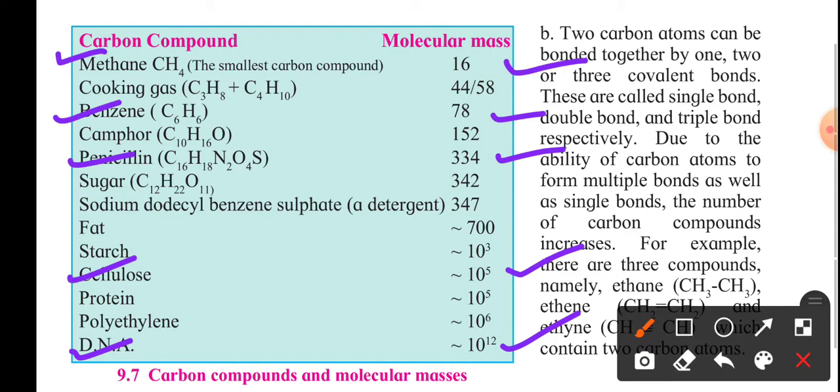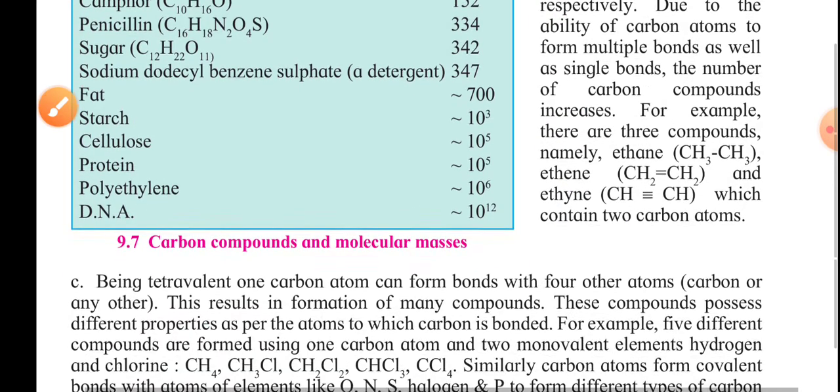So you can see the difference, starting from the basic carbon compound methane, 16, till 10 raised to 12 as a molecular mass. You can imagine what a huge gap we have and what a huge list of compounds we have made from carbon.